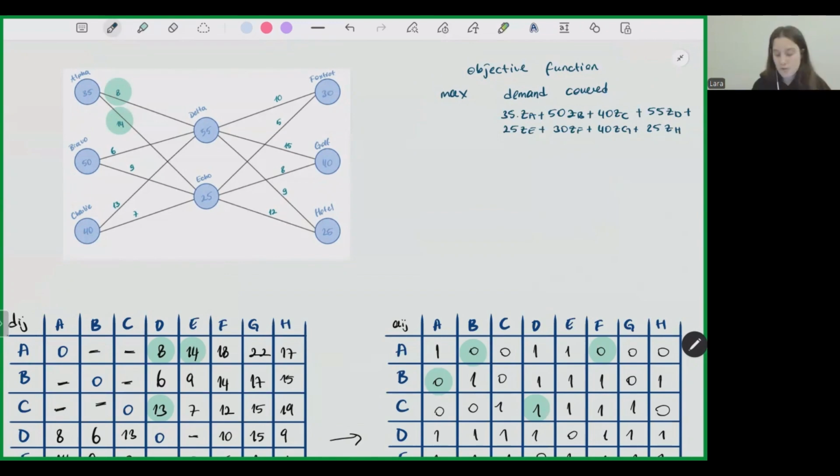So let's look at our constraints. Subject to, we now have to write a constraint about if I open a facility, that facility can cover the other nodes. If I don't open that facility, I have to make sure that it does not cover other nodes.